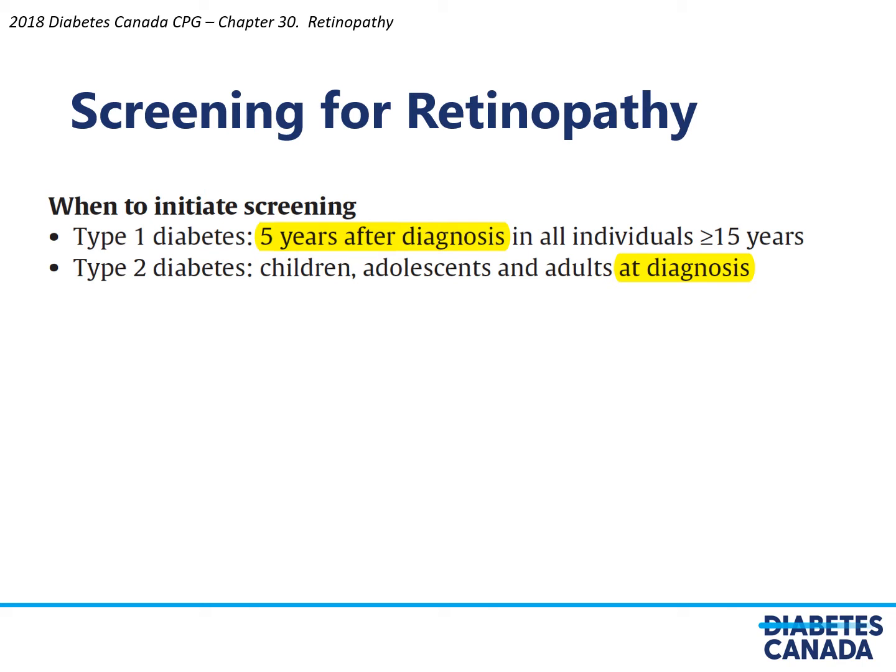And the rationale is that some of these individuals may have had diabetes for longer prior to diagnosis, and therefore some of those individuals may actually already have retinopathy at the point of diagnosis. Contrast this though with type 1 diabetes, where there is an absolute insulin deficiency, so therefore the likelihood of having had diabetes for a long time prior to diagnosis is actually quite low.